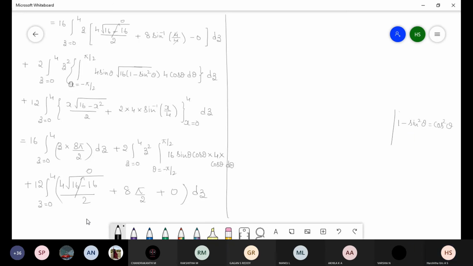Next, here 16, z is equal to 0 to 4. 2 ones are 2, 2 fours are 8.